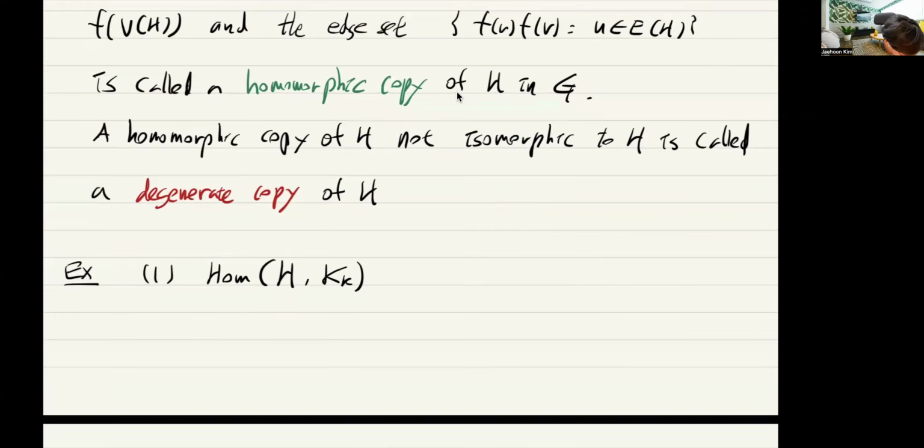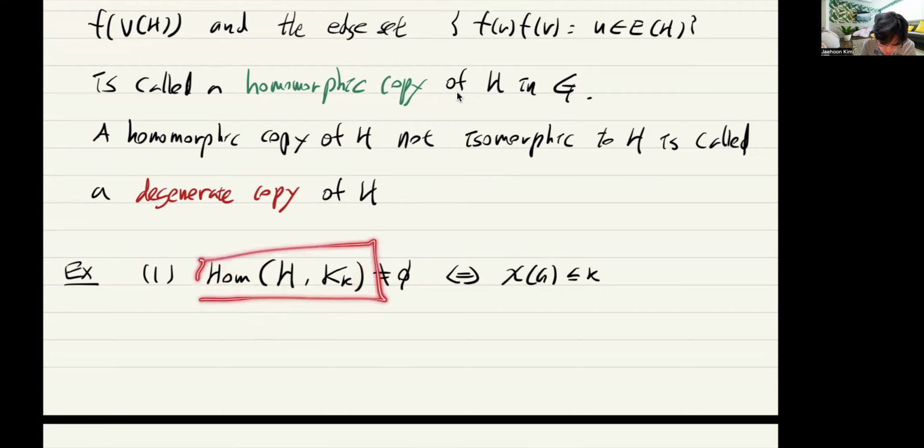Then watch this. If this is not empty, it means that the chromatic number of H is at most k. So this is essentially the same as the set of all proper k-colorings of H.